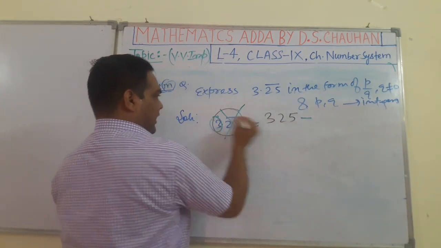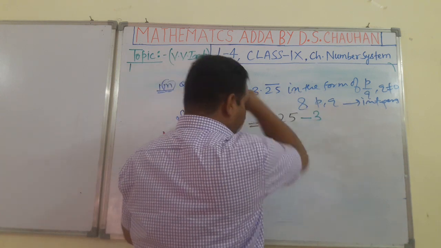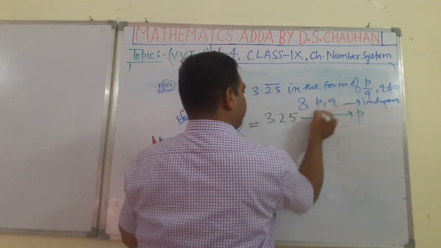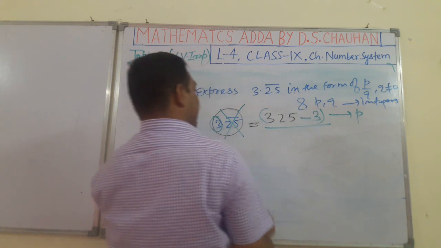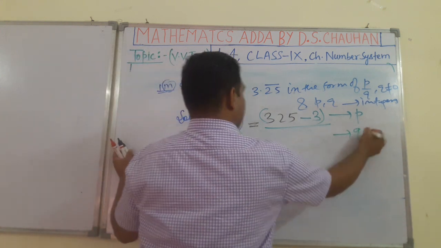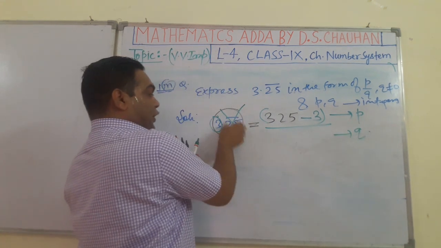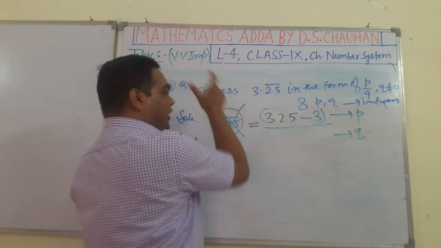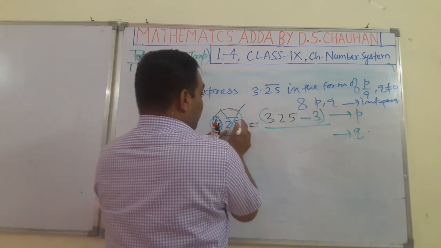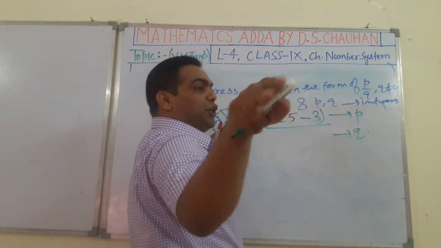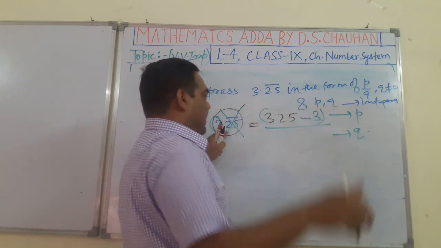What is here? 3. It will be P. And see, for the Q, 2 digits are repeating after decimal. So as many digits as repeat, you have to make that number of 9s.